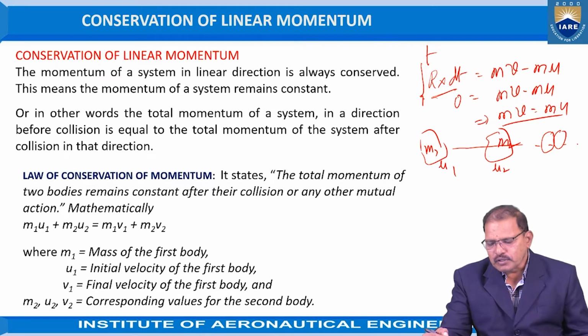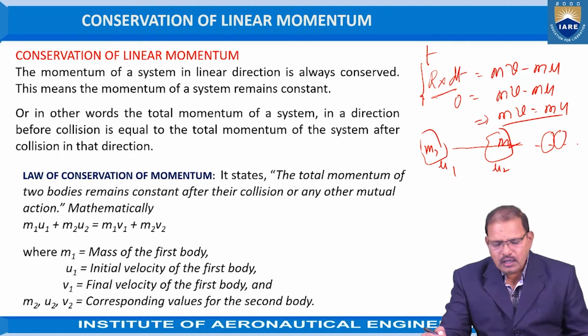That is, the sum of the momentum possessed by the bodies before the collision is m1 u1 plus m2 u2. After the collision, or after the impact, they separate with final velocities v1 and v2. Hence, the final momentum is given by m1 v1 plus m2 v2.